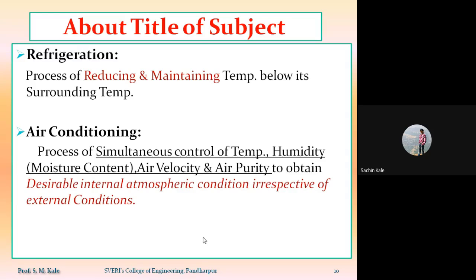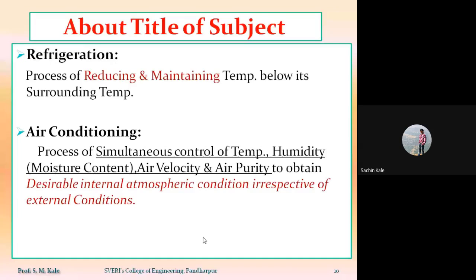So the definition of air conditioning: it is the process of simultaneous control of temperature, humidity, air velocity, and air purity to obtain desirable internal atmospheric condition irrespective of external condition. Are you getting the definition of air conditioning?